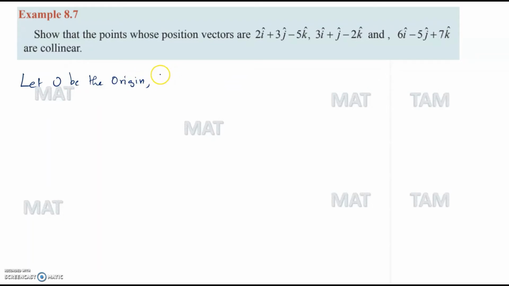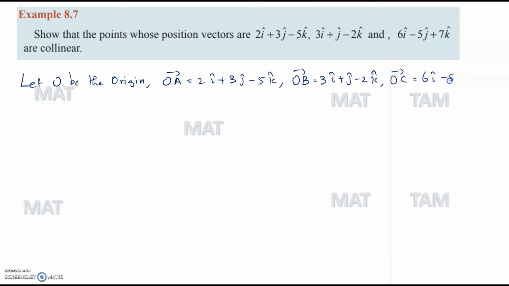And then we can define our vector OA as 2i cap plus 3j cap minus 5k cap, and vector OB as 3i cap plus j cap minus 2k cap, and vector OC as 6i cap minus 5j cap plus 7k cap. Our vector AB is equal to OB vector minus OA vector.